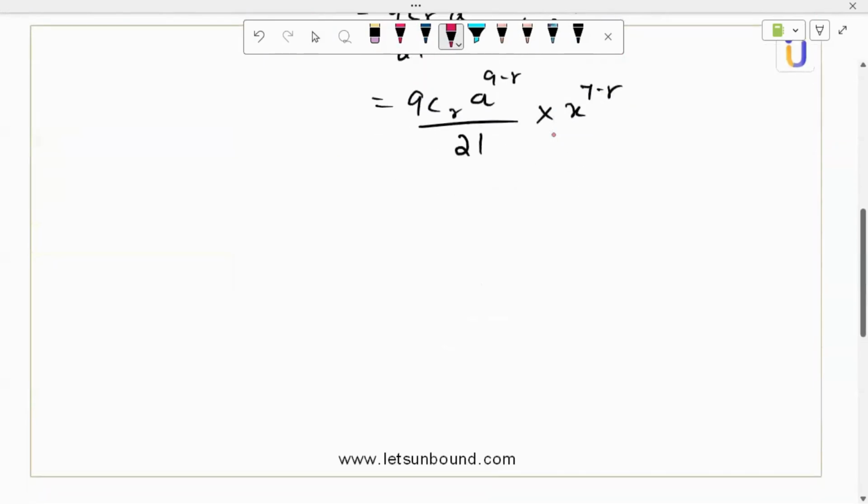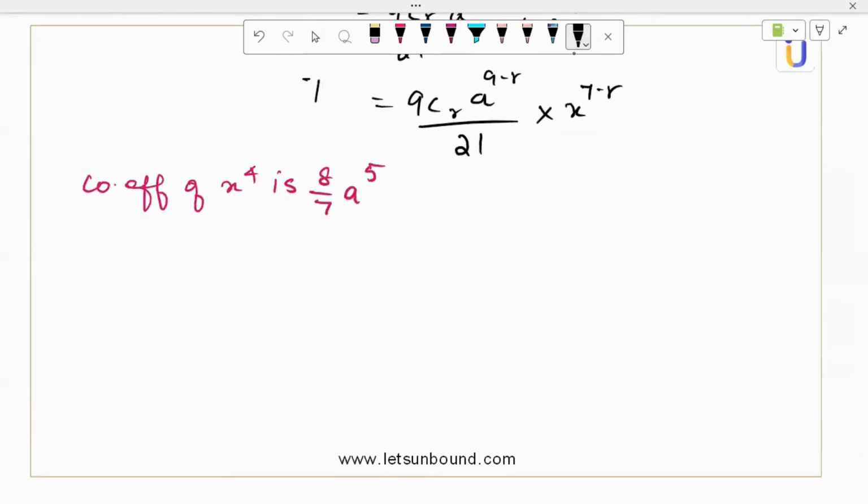What is given to us is the coefficient of x⁴ is 8/7 a⁵. From this I can easily find the fourth term. x⁴ means 7 minus r equals 4, which implies r is going to be 3.